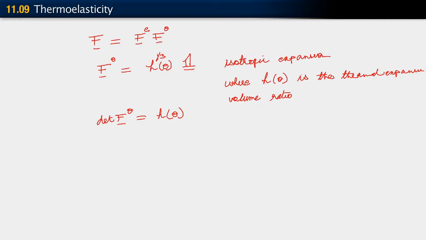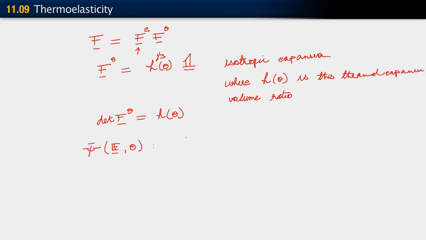All right. So now we can say that our strain energy density function, which we previously thought of as being a function only of E and theta, we can now write it by saying that we want to think of elastic energy as being stored only in Fe.